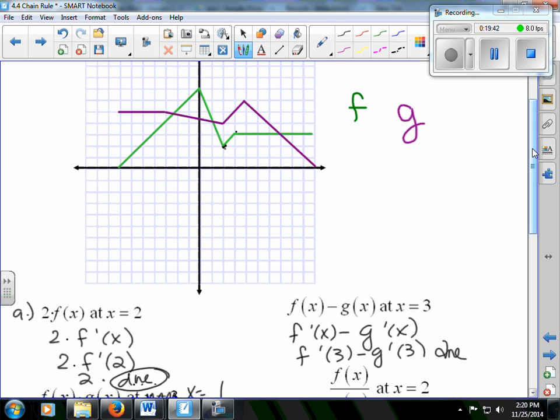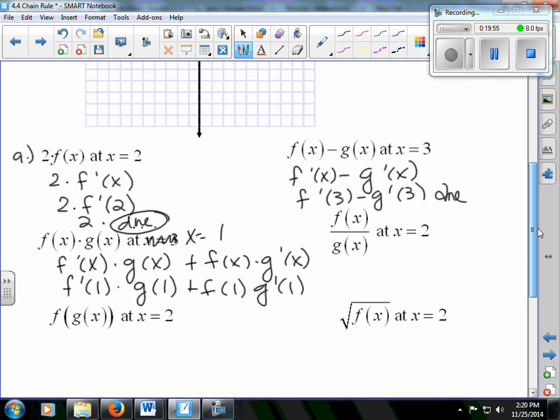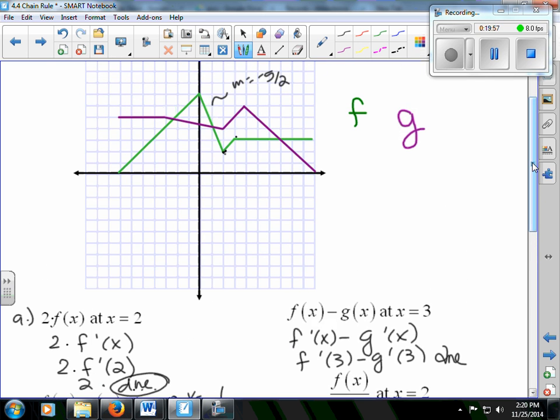That's a slope of negative, I don't know, down 1, 2, 3, 4, 5, over 2. So it's a slope of negative 5 halves. And then at 1 for g, the slope is, well, down 1 over 1, 2, 3, 4, 5, negative 1/5.